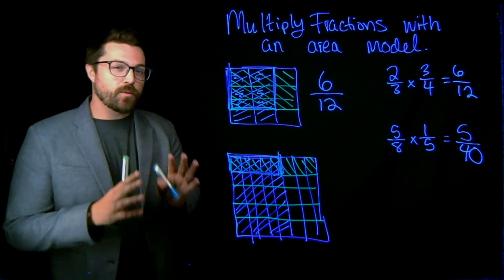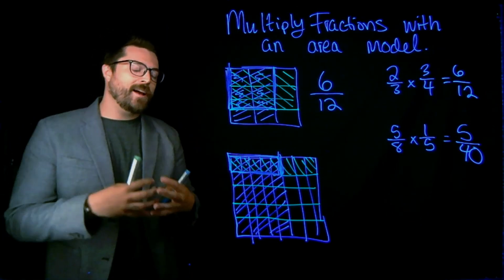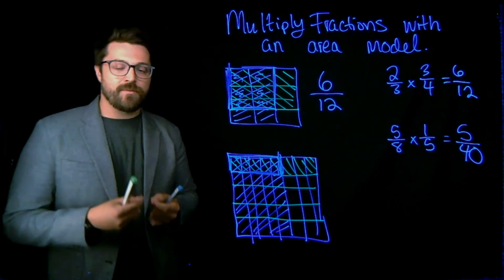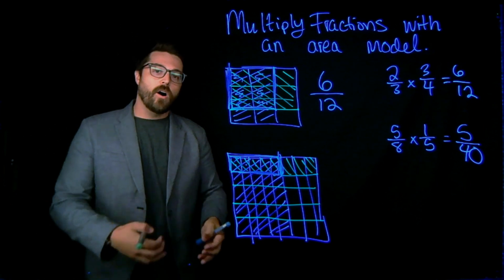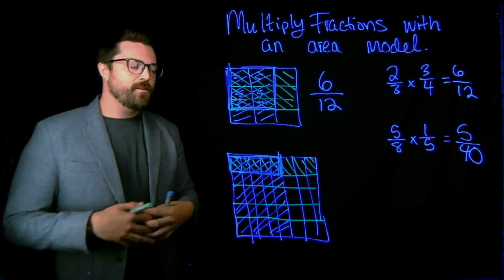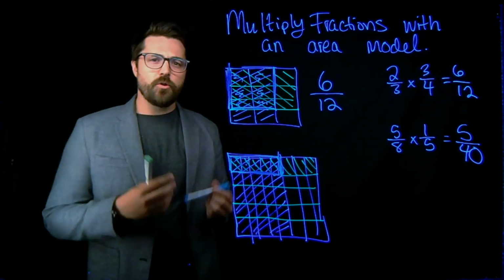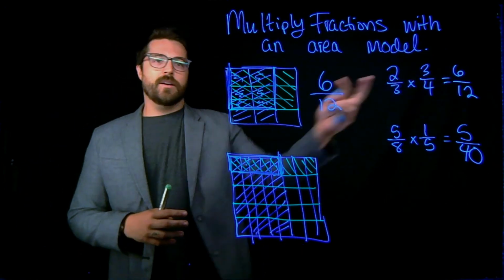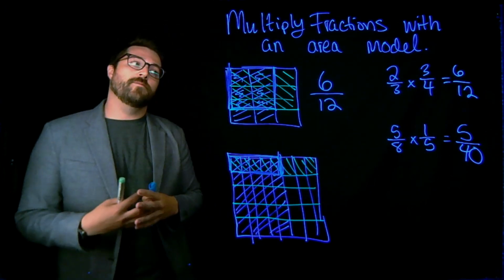And what can be great about teaching this strategy and this model is students might actually derive the algorithm of just multiplying the numerators, multiplying the denominators on their own. Once they see this enough, they might start to recognize, hey, every time the numerator I get is just the product of my other numerators, and the denominator I get is the product of my denominators.